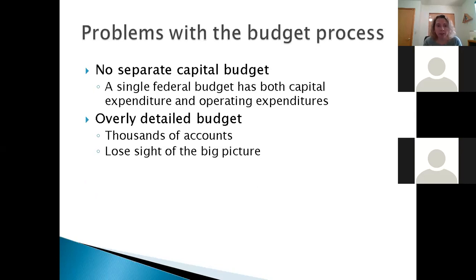Another problem with the budget, and to me this is kind of a big one, is that there's no separate capital budget. When we think about capital, we think about the things that we use to produce other goods and services. So capital is really important when you're talking about providing goods and services to an entire country. A lot of times in big companies, budgets are divided into subcategories.